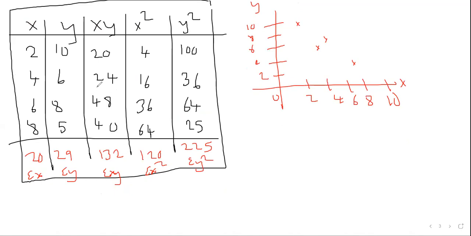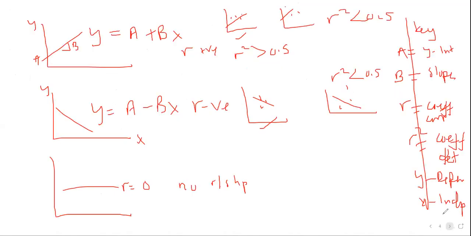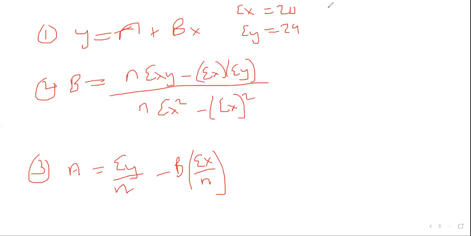The summation of xy is 132, the summation of x squared is 120, and the summation of y squared is 225. At this point, are we together?